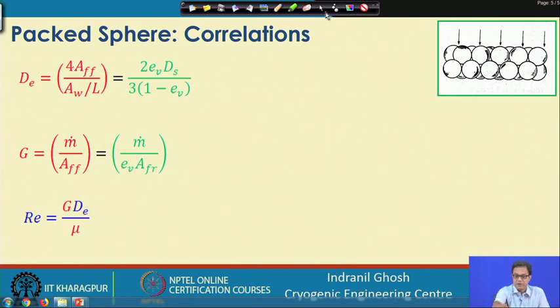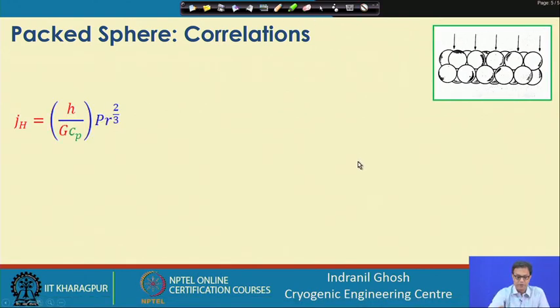now we will come back to the heat transfer coefficient in the form of the Colburn J factor, and this Colburn J factor is basically 0.23 times Re to the power of minus 0.3.